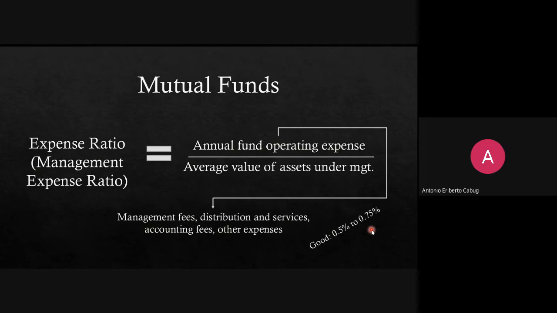The fair number would be, they're only going to take away 500 or 750 from the fund. So imagine that you're going to invest 100,000 and then the fund is charging you only 500 or at most 750. That's already a good number.